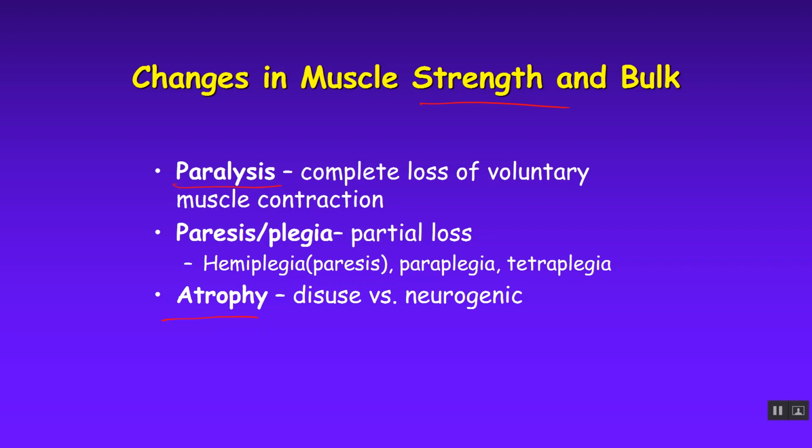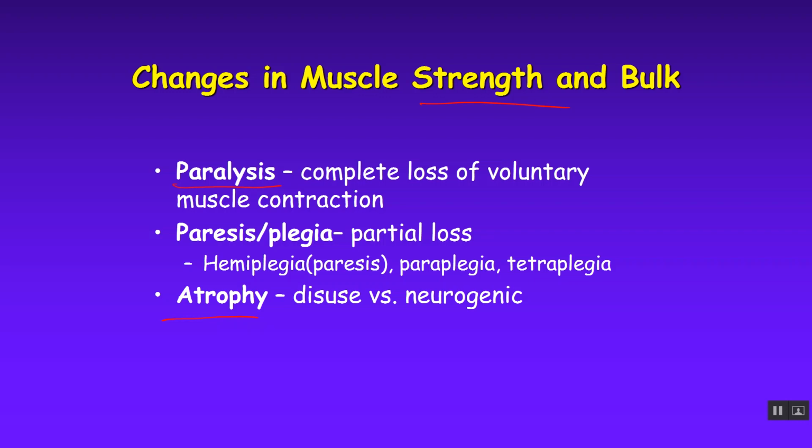Then atrophy. You guys know what atrophy is. There's typically a combination. Initially you have the neurogenic loss. Once your muscle loses that input, and your muscles are always getting some input from your nervous system, that's why they have some resting tone. Once you lose some of that input, you start to have atrophy. That initial atrophy you get right away is more neurogenic in nature.